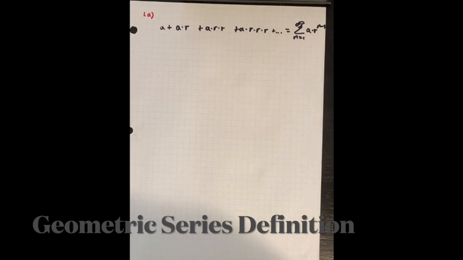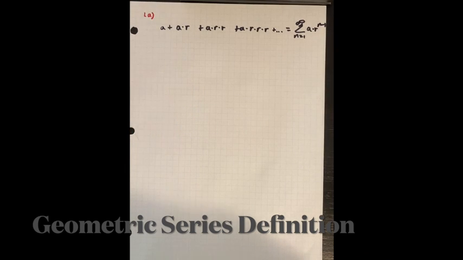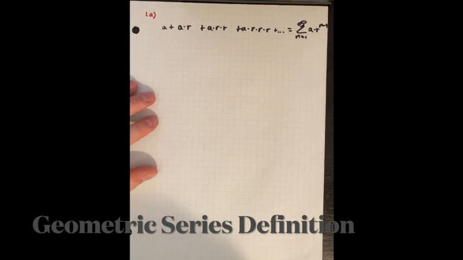Now, what does this really mean? Simply put, this means that each term after the initial term is found by multiplying the previous term by r, where r is our common ratio.